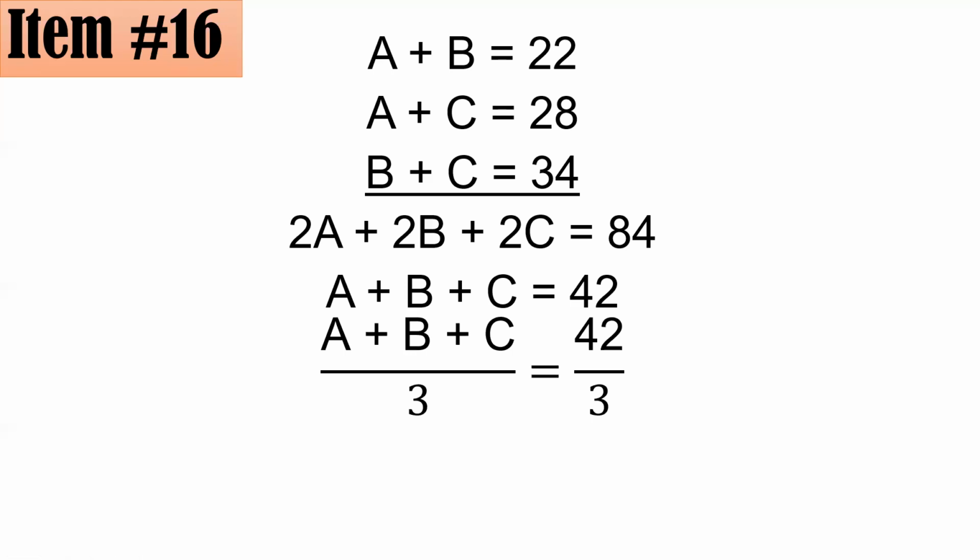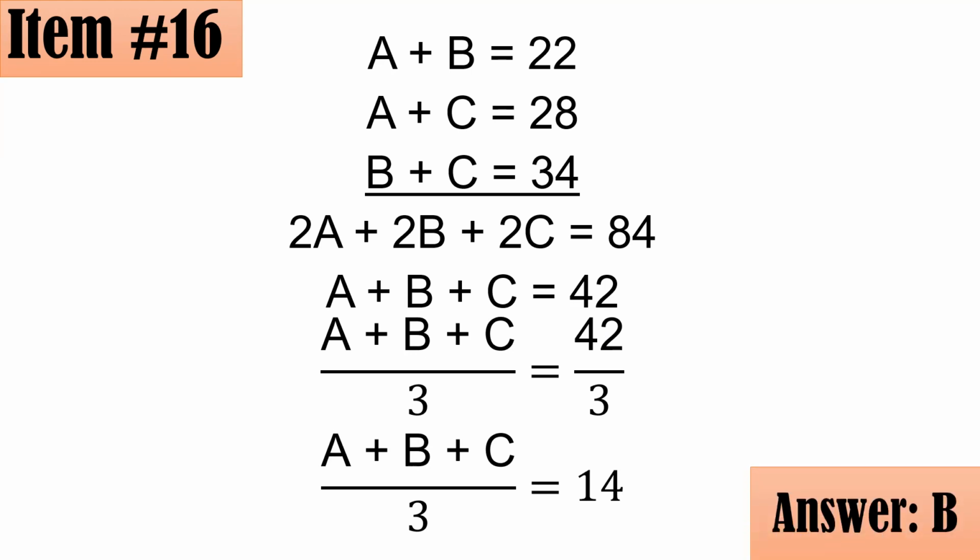Dividing both by 3 na lang both sides, this gives us A plus B plus C all over 3, which is 14. So you see po, ito po yung kinagandahan ng algebra. Hindi po natin alam yung mga exact numbers na yon for now. Pero yung alam po natin is yung average nilang tatlo ay 14. Letter B. I hope na clear po.